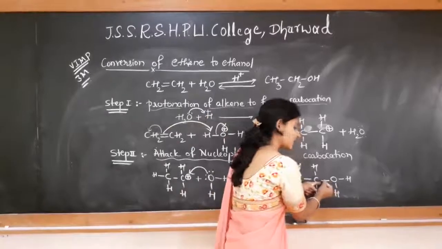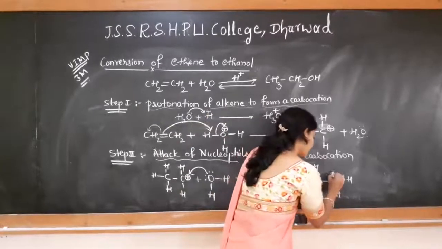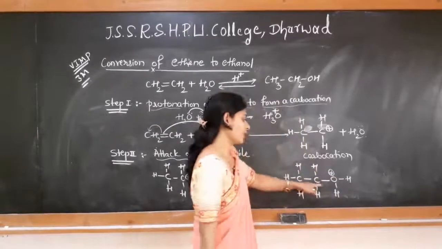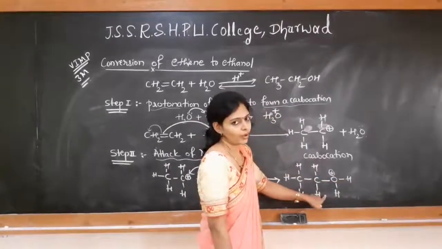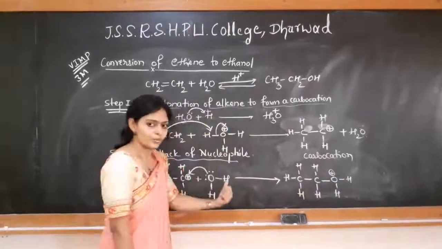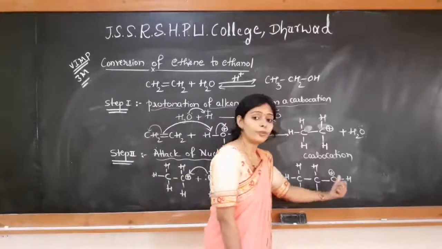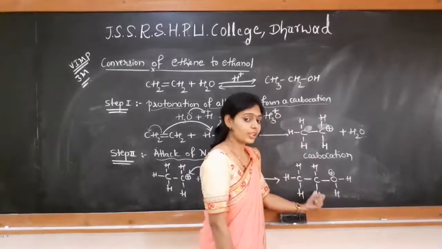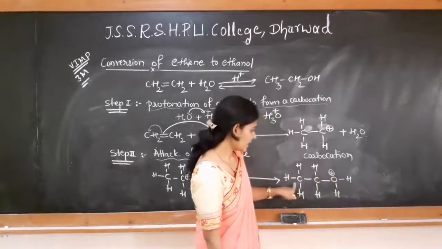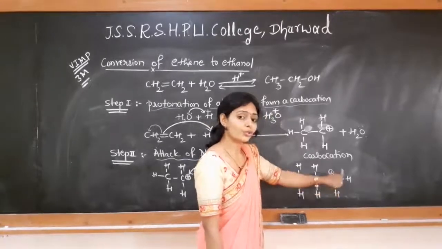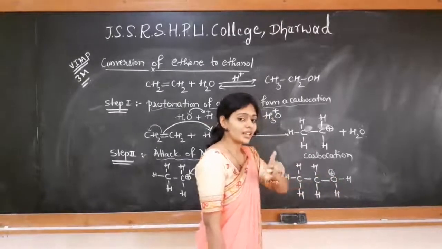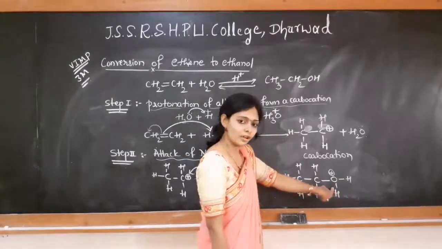As it gives its electron to the carbon to form a bond, it becomes electron deficient. So there is a formation of protonated alcohol. When the nucleophile water molecule attacks the carbocation, there is a formation of protonated alcohol. Protonated alcohol means, see here, CH3CH2OH2 plus. There is one extra H plus on this alcohol, right?